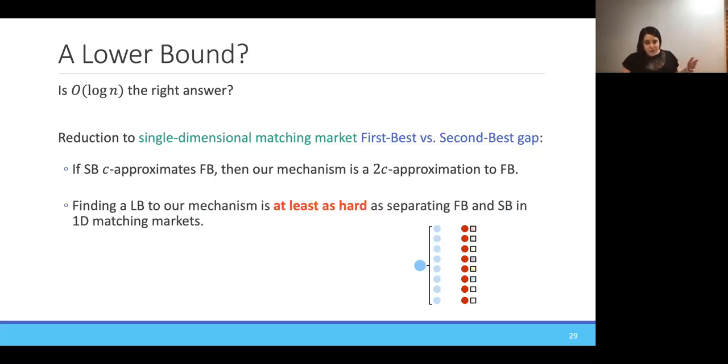Similarly, finding a lower bound to our mechanism is at least as hard as separating them in the single dimensional matching market. And very, very little is known about the gap in the single dimensional matching market, even in bilateral trade. So this is like a huge open problem that I think people should be working on, and also my excuse for why I don't have a lower bound for you.